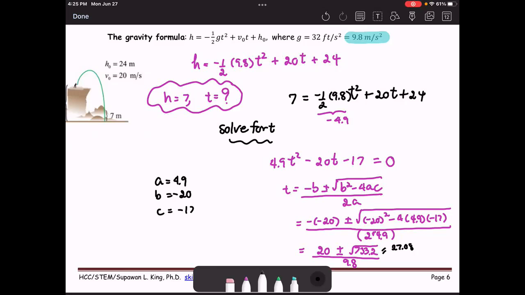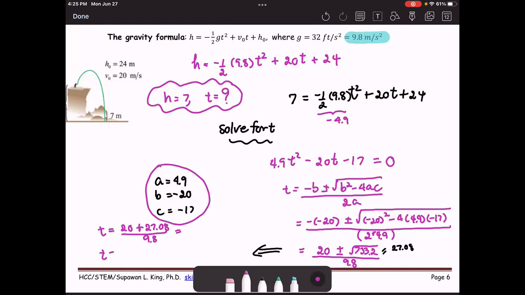That means the t value will be obtained as 20 plus 27.08 divided by 9.8 as one solution.